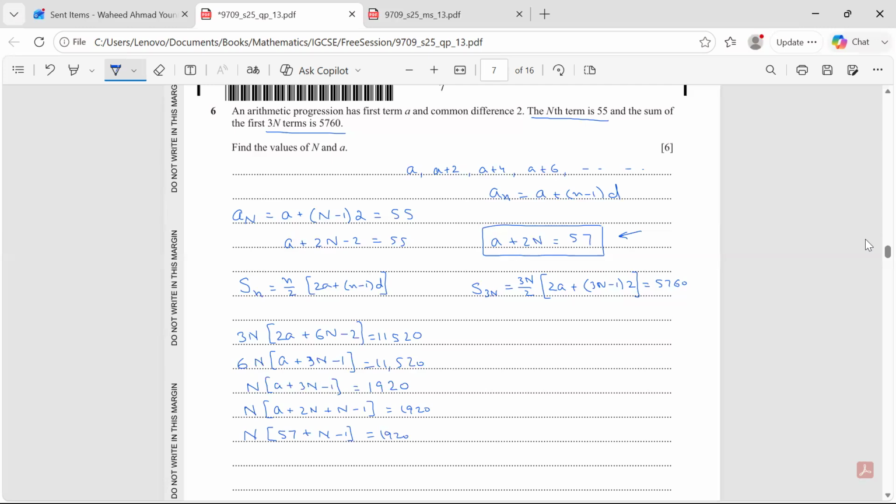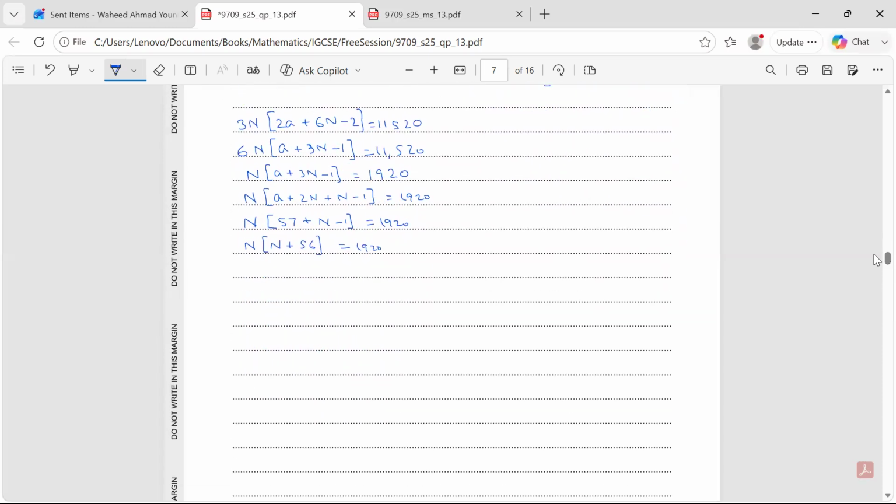Okay, 57 minus 1 is 56, N into N plus 56 equals 1920. So N squared plus 56N, and that I will bring to the left, minus 1920 is equal to 0.